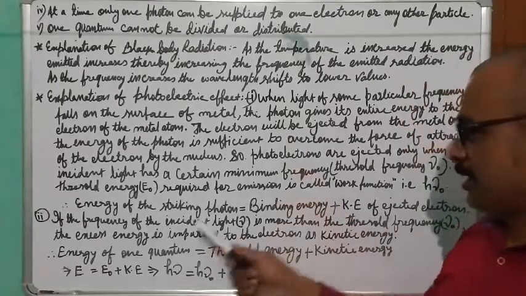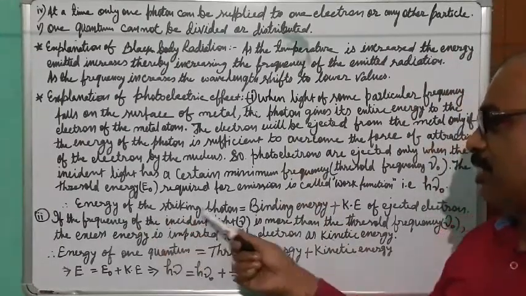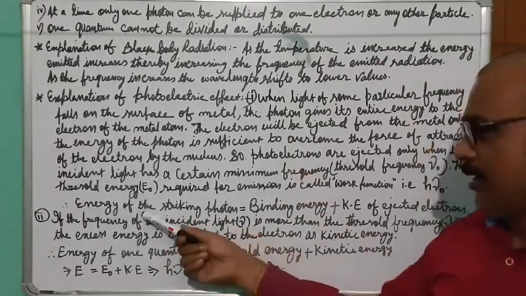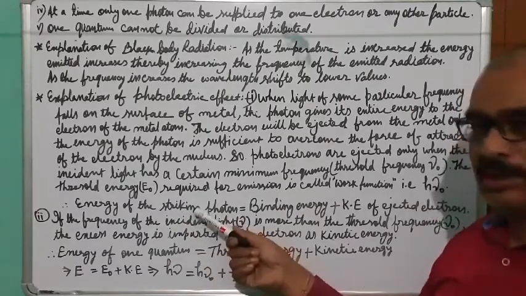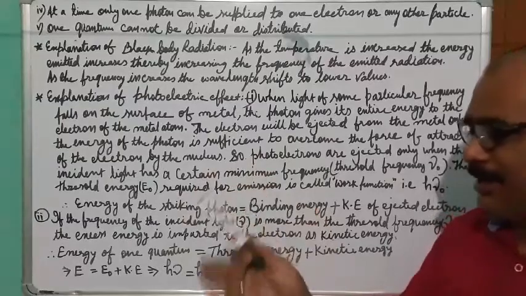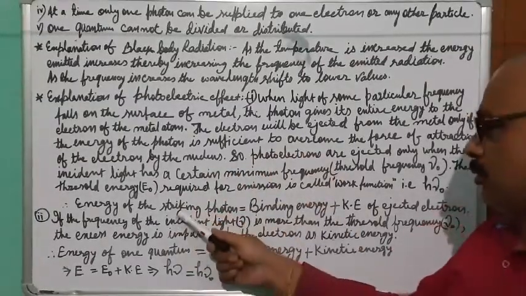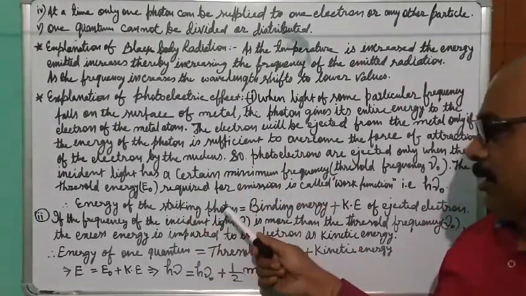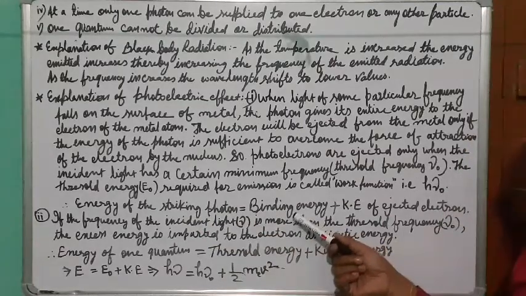Okay. So mathematically you can represent the energy of the striking photon or quantum. Striking means the photon that came and struck the surface, collided with the surface, and was absorbed on the surface; that is called the striking photon. That is equal to the binding energy.